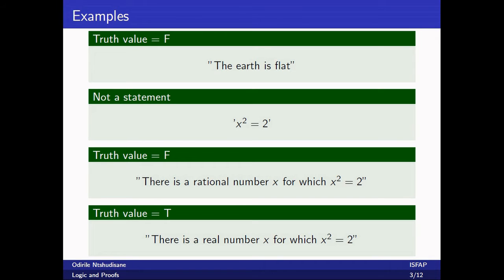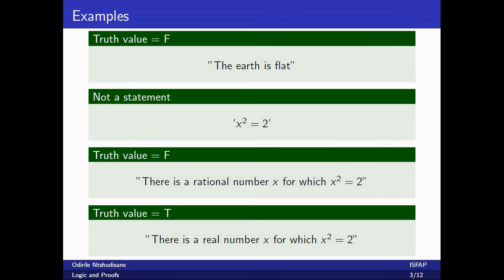Examples include statements like the earth is flat, which is a statement which has truth value false. Another one, x squared equals 2. X squared equals 2 is not a statement, because remember, as we said, a statement either has truth value true or false.